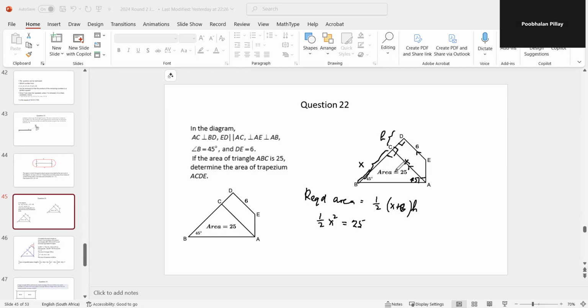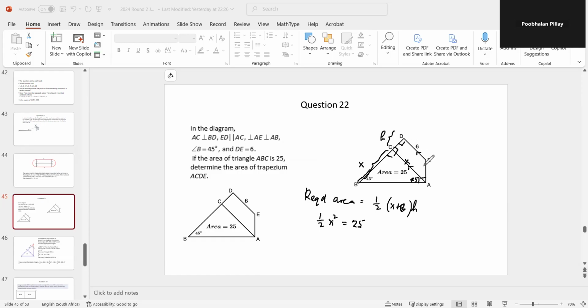Now, it's not going to be easy to calculate H, but what we can say is the following. You see, this thing here looks like a sort of cut-off right angle triangle. Right? Let's just complete the right angle triangle just to explain what I'm doing.